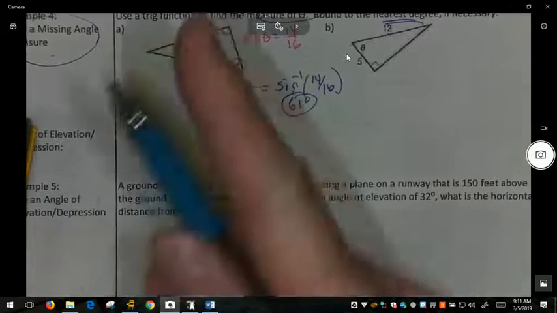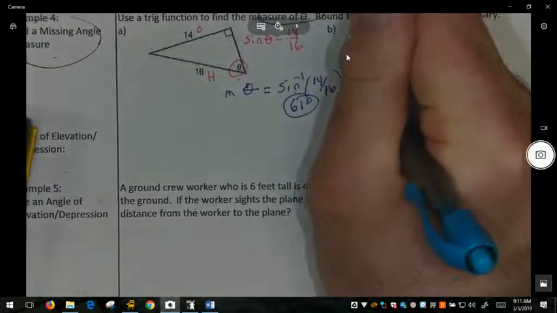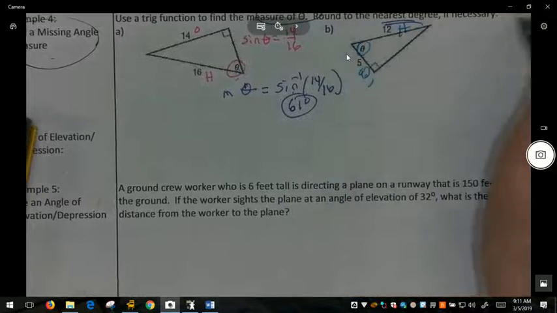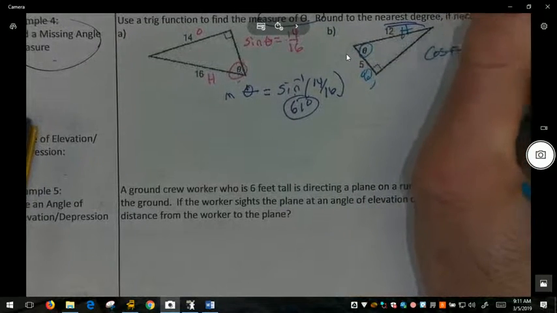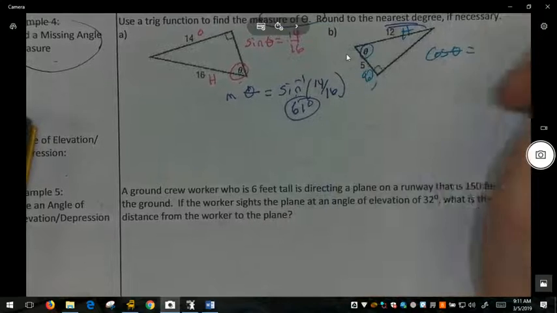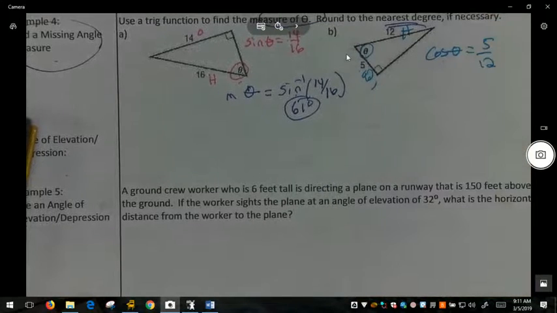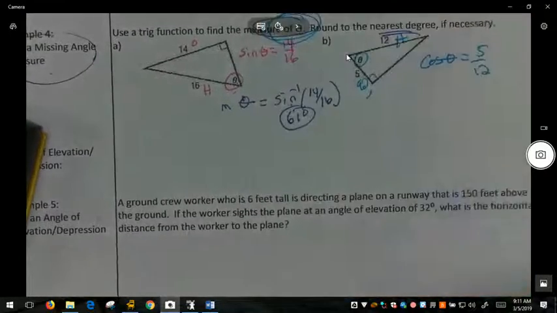In my next problem, with respect to theta, this is the adjacent and this is the hypotenuse. Sohcahtoa. I'm going to use cosine. Cosine of theta is defined as 5/12. That's the ratio. Now on the other side, I only asked for ratios, so you'd be done. But I'm not asking for the ratio, I'm asking for the angle.